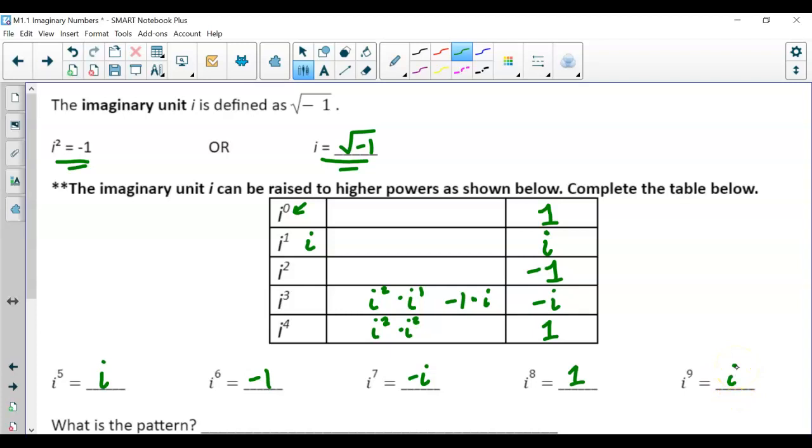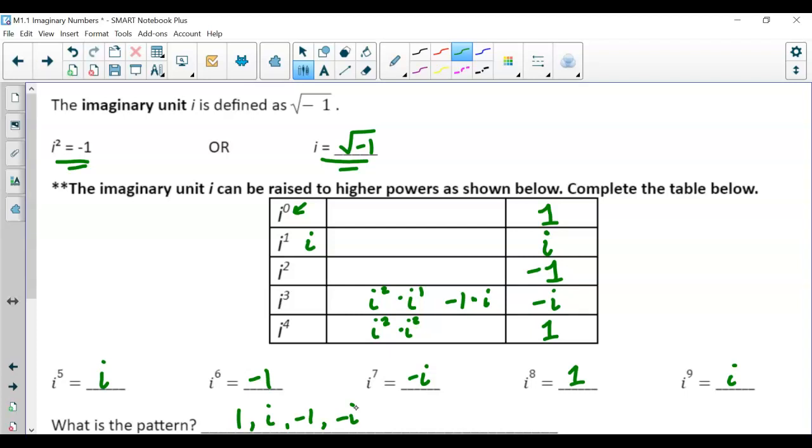So what is the pattern? The pattern is you start at the number 1, then i, then -1, then -i, back to 1. So there is what we call a quarter method. With the quarter method, we divide by, well, how many quarters are in a dollar? There's 4.